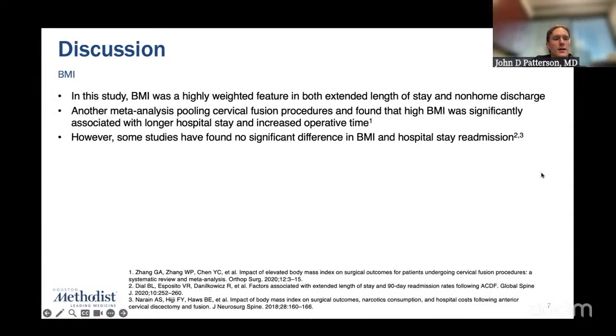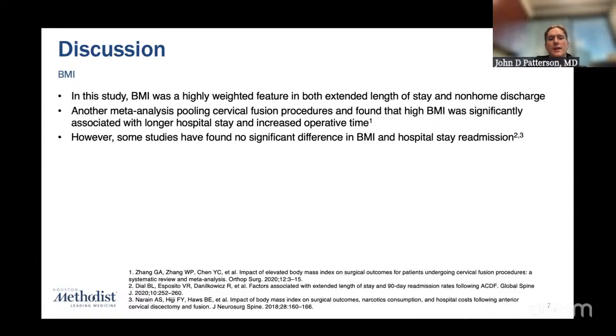So in this study, BMI was a highly weighted feature for both extended length of stay and non-home discharge. There has been another meta-analysis that found that BMI was significantly associated with longer hospital stay and increased operative time. And then some other smaller studies have shown that maybe BMI doesn't make as much of a difference.